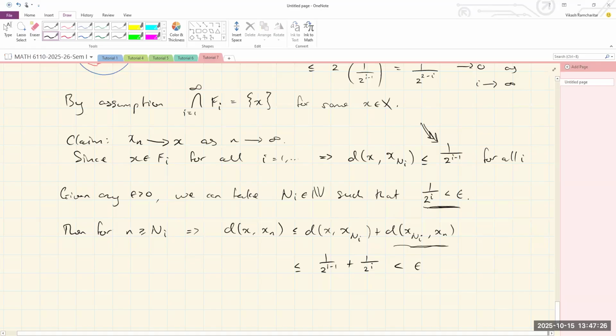So I needed to take i such that 1 over 2 to the i minus 1 plus 1 over 2 to the i is less than epsilon.